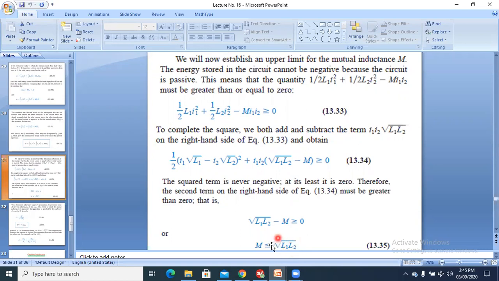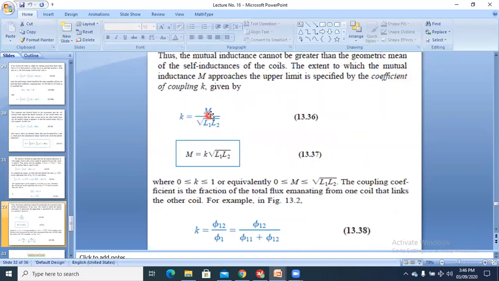At the maximum, it is equal to the geometric mean of the self-inductance of the two coils. So this is the upper limit for the mutual inductance. The value of mutual inductance depends on the coupling coefficient, that is, how closely these two coils are coupled.